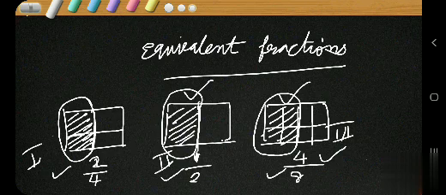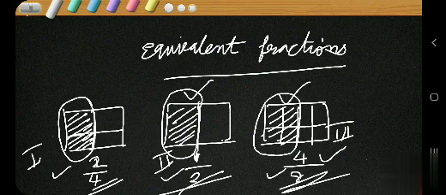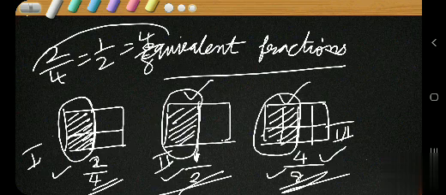Of course we know these 3 rectangles are of the same size. So what can we conclude from these figures? Yes, we can conclude that the fractions 2 by 4, 1 by 2, 4 by 8 are equal even if they look different.